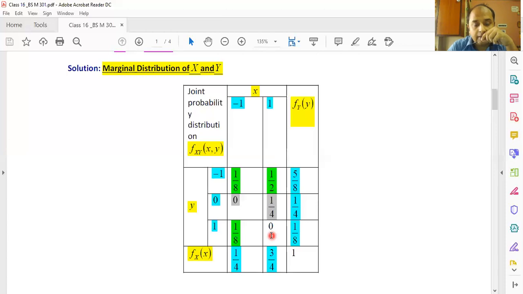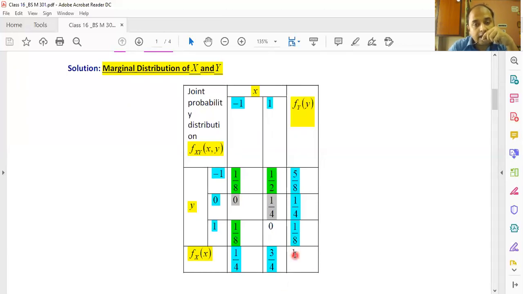Now there is a beauty in this particular chart. When we take the sum of these marginal probabilities, the marginal probability of Y and the marginal probability of X, both of these result in 1 individually. So summation f(y) is 1, summation f(x) is 1. If this does not come, then you are pretty sure that your calculation is wrong.